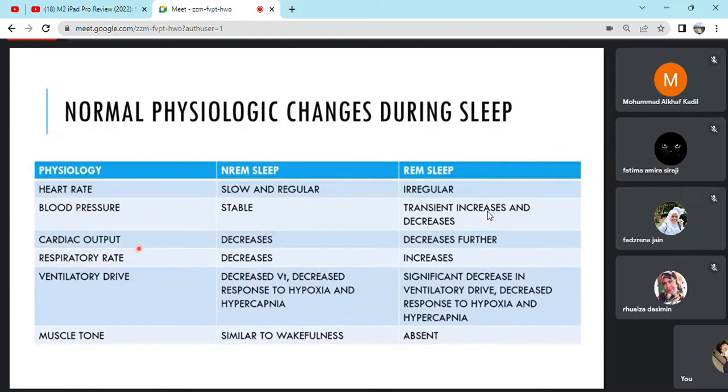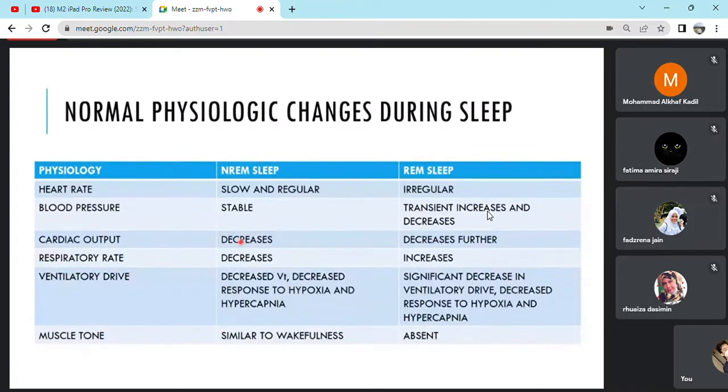It follows also that when you talk about your cardiac output, in NREM sleep, since your blood pressure is also stable, this is the time that your cardiac output will decrease. You have to remember that if you correlate it, for you to be able to understand why this is happening when we sleep. And then there are sudden changes. It depends on what stage of sleep you are in.